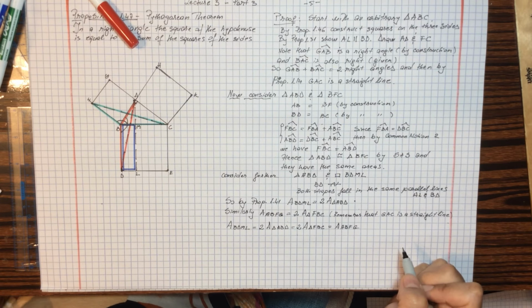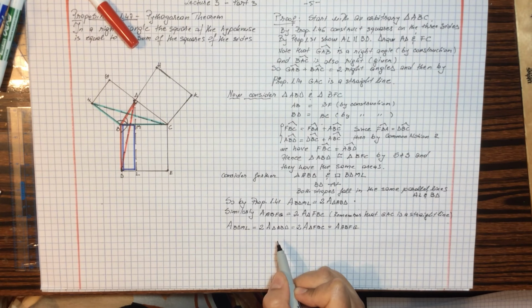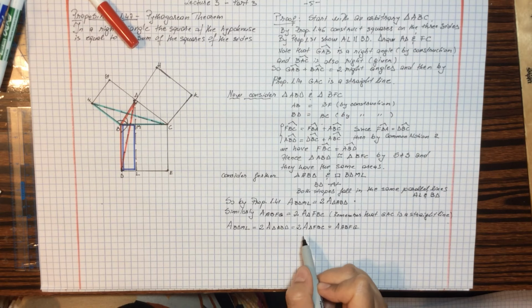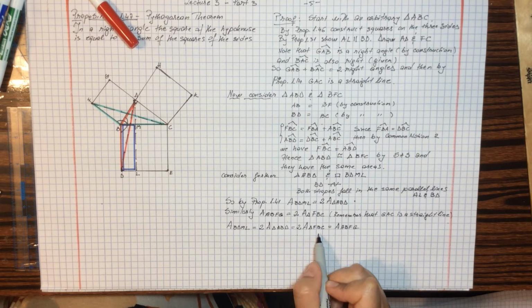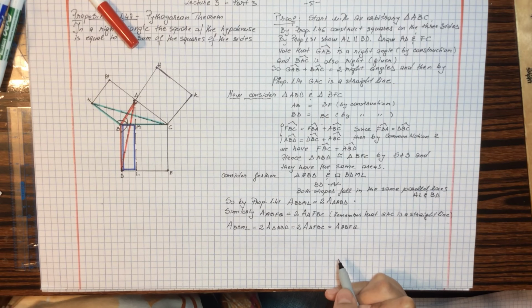Now, let me take a minute to make sure that I have everything correct. ABD, FBC, and that's the square ABFG. Okay.